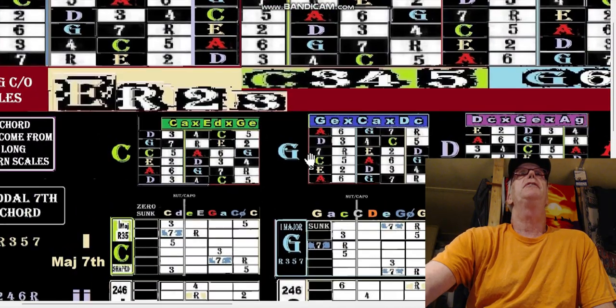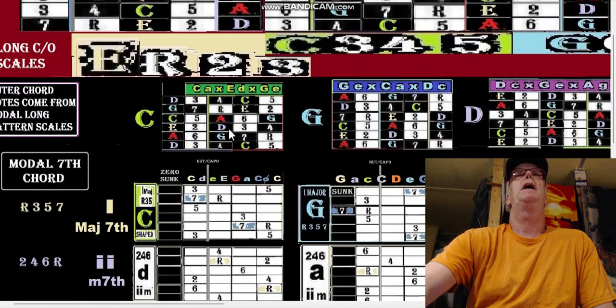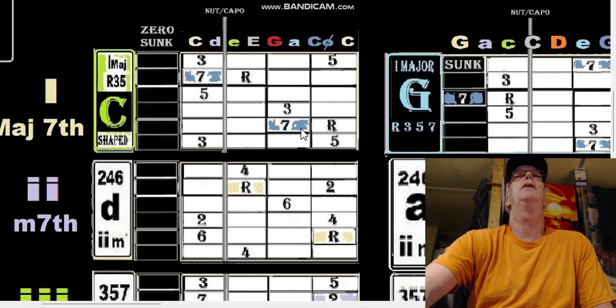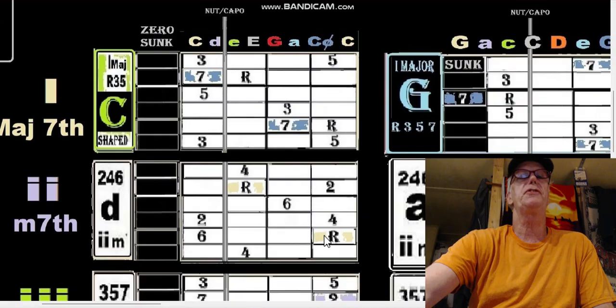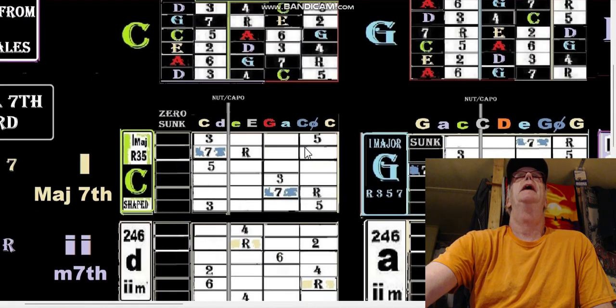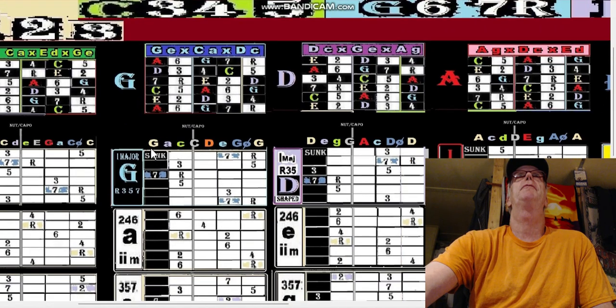The significance of these boxes is we have the entire diatonic scale there. Here we separate it, we mask out the notes we don't need. So when we have root 3, 5, 7, the colored notes, the notes with the little paint splash on them, those are the sevenths of each mode.